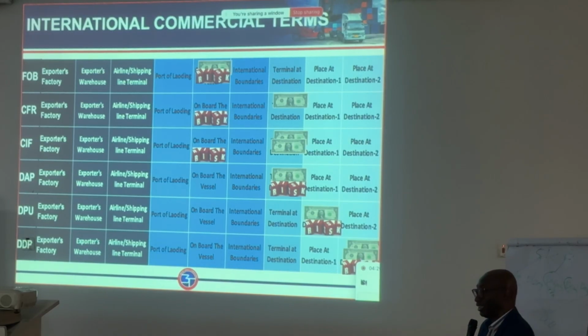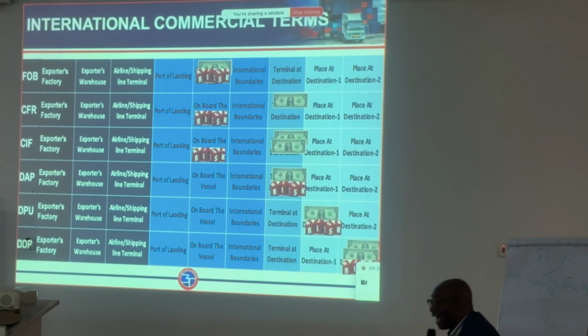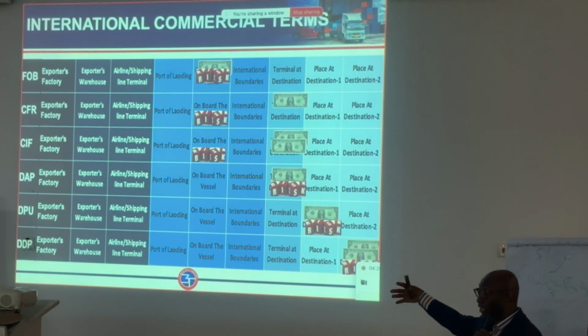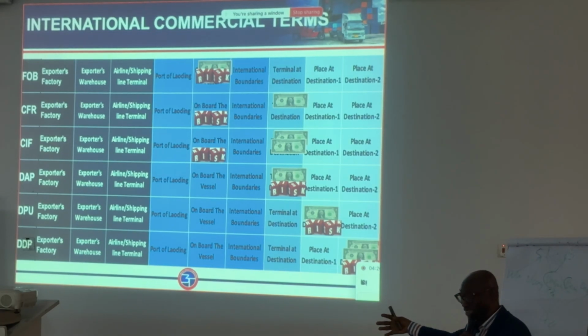That's as far as Shell is concerned. But the importer will first of all use CFR to bring it into Nigeria, and then he will deliver to the location that Shell wants. So in that transaction, there is a DDP leg and there is what? A CFR leg.